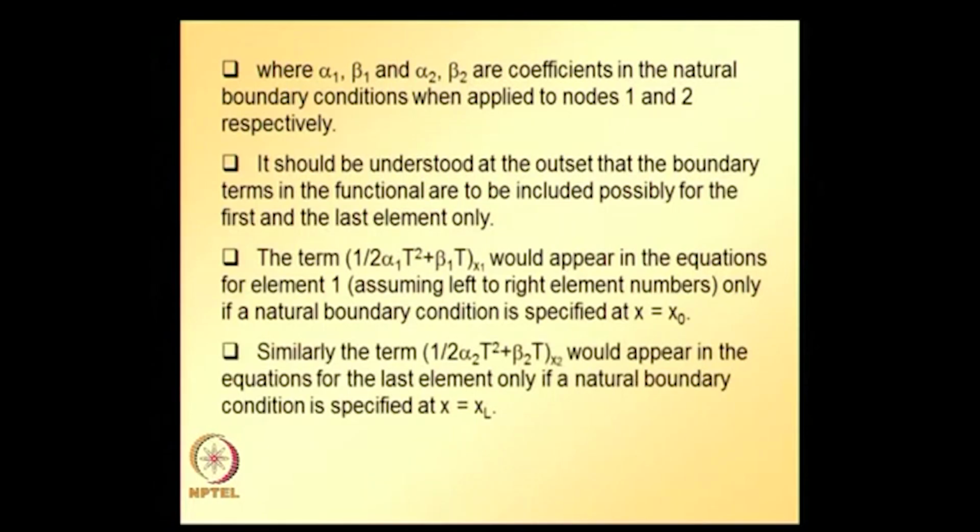Similarly, the term half alpha 2 T square plus beta 2 T evaluated at x2 would appear in the equation for the last element only if a natural boundary condition is specified at x is equal to xL. These points will be clearer once we solve a problem.